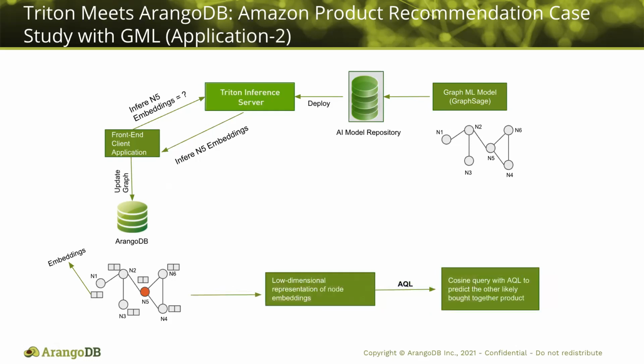The second application we can build is that the whole pipeline remains the same, but once the graph is updated with the embedding for node 5, we can perform an AQL query to evaluate the cosine similarity between the query product and the other likely products.